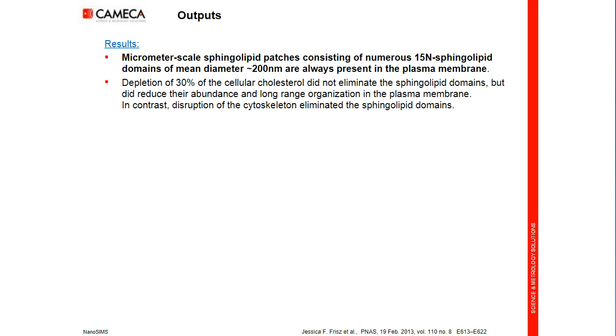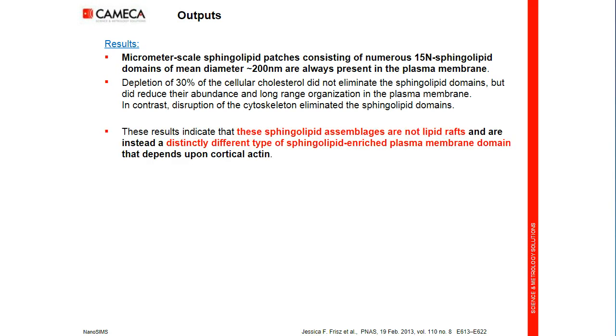In contrast, disruption of the cytoskeleton eliminated the sphingolipid domains. So these results indicate that these sphingolipid assemblages are not lipid rafts and are instead a distinctly different type of sphingolipid-enriched plasma membrane domain that depends upon the cytoskeleton.